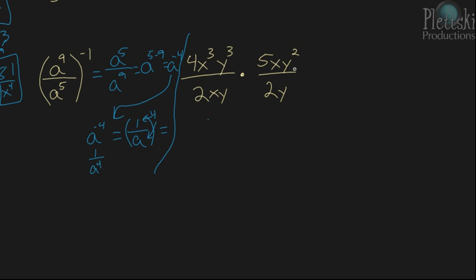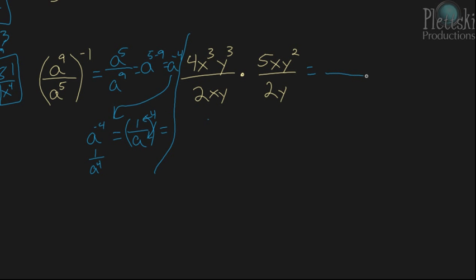Okay, how do we handle this one? Well, there's a couple different ways we can do it. We can treat these as separate fractions, or we can notice that everything's multiplied together in each one. We don't have any plus signs or minus signs, so we can multiply everything out if we want and write it as one big fraction and then collect like terms.